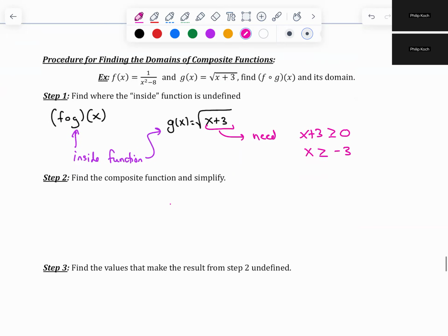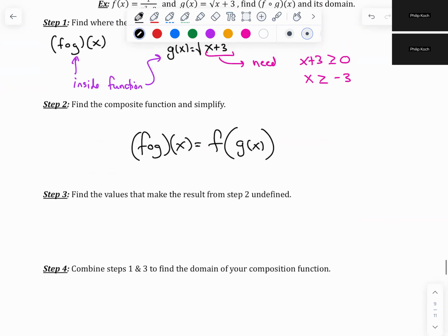Once again, you don't need to write this down, but this is just for us to look at it. f composed of g of x, by its definition, is f of the quantity g of x. So if I can't plug that x value into g of x, it won't work. I'll be trying to plug in undefined. Case in point, I think I put that down there.